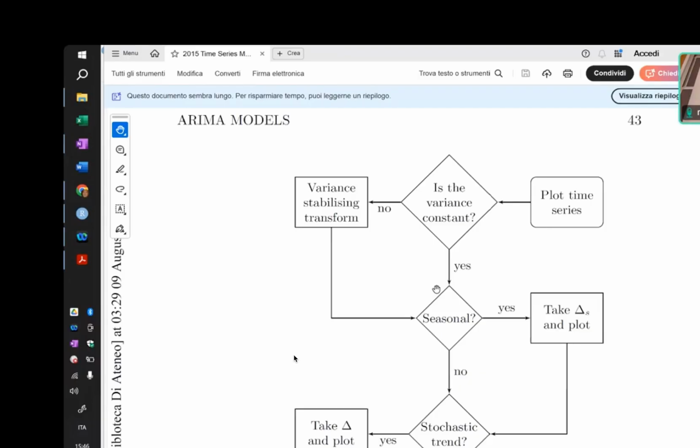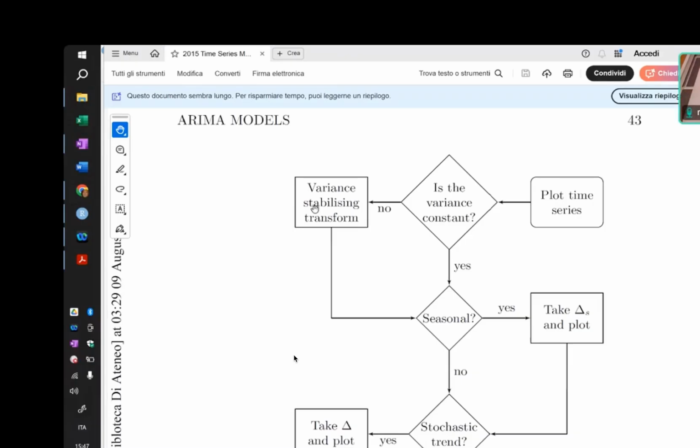I don't know if this is the Box-Jenkins algorithm or method for ARIMA identification. At least it's my interpretation of it. As I told you, if you're a human being, you start by plotting the time series, and usually you already see by looking at the plot whether the variance is constant or not.